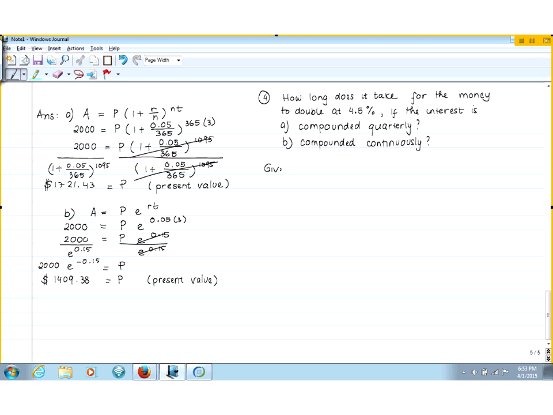Let's write down the given. Or actually, we could do it together. The money to double, what does it mean? It means that the accumulated value is 2 times the principal. So double means A is 2 times the principal, and we know the rate is 0.045, 4.5%.